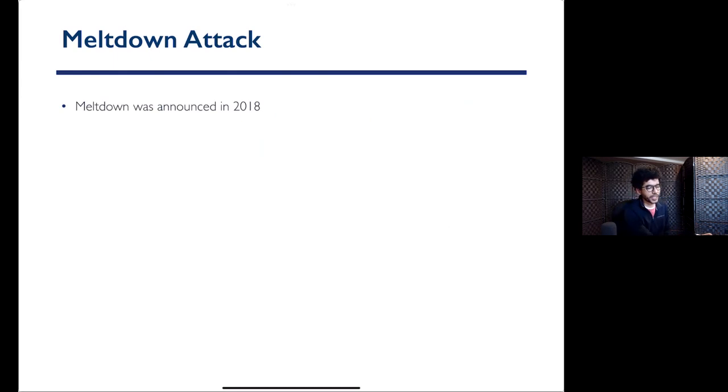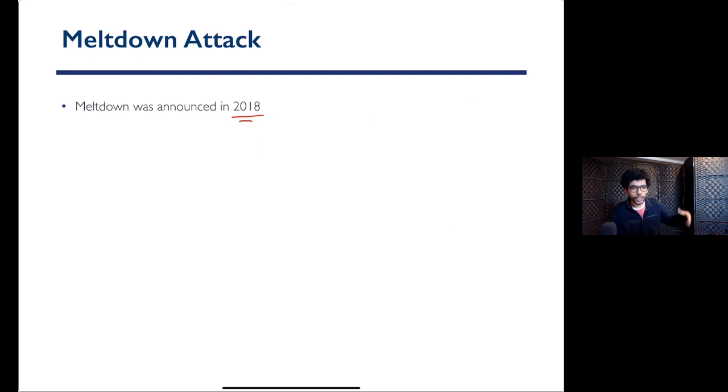Actually, they figured it out before they announced it because it was very serious. So they reached out to Intel, and they told Intel that almost all your processors have this issue, and it's very serious.